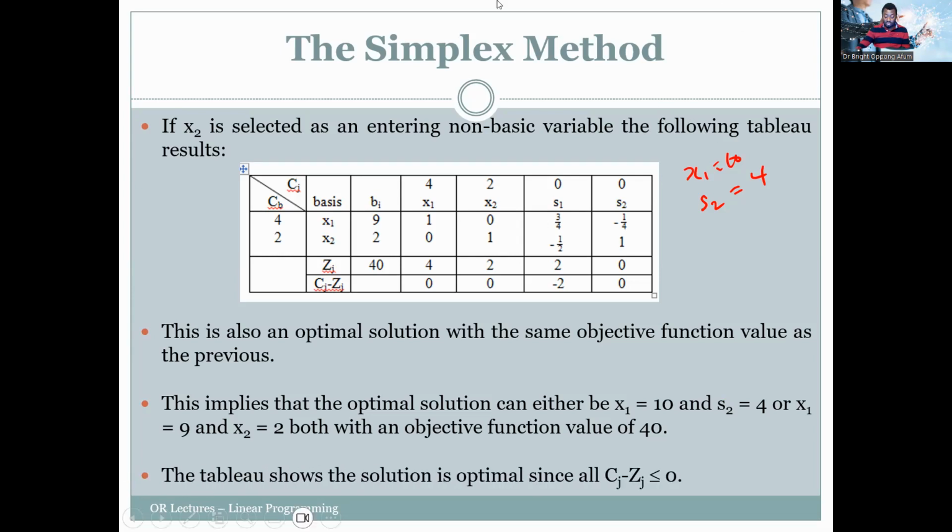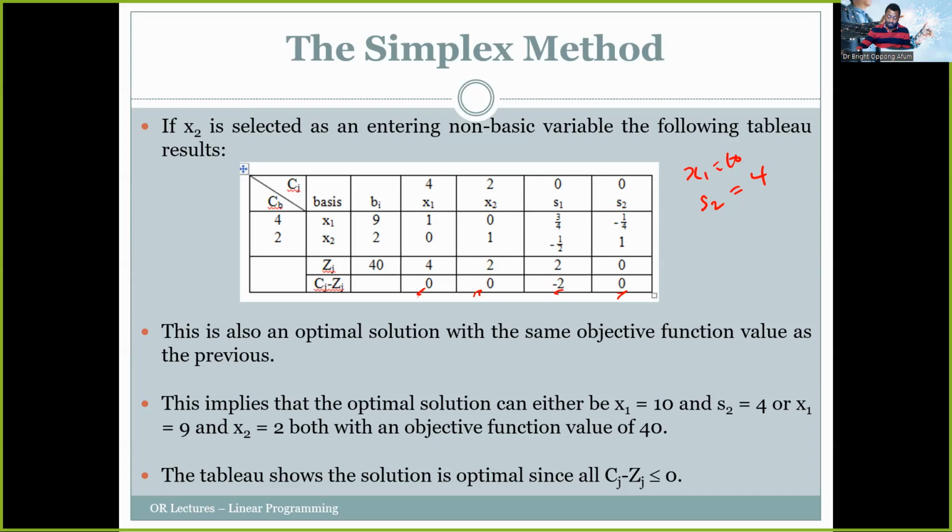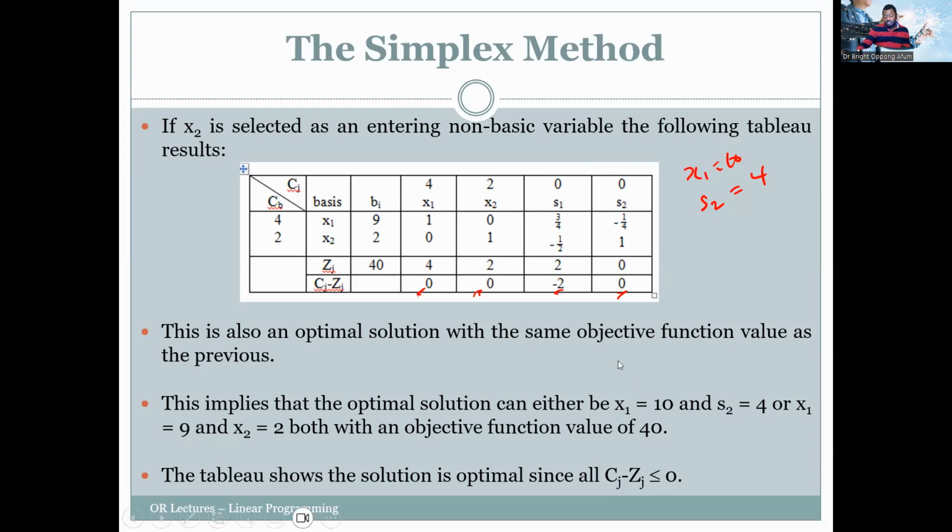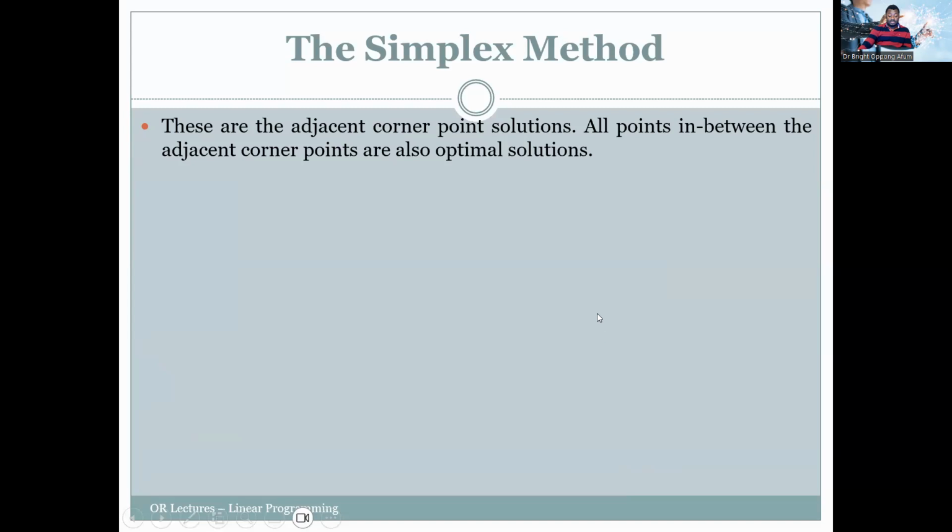The tableau shows that the solution is optimal because there is still no Cj minus Zj value with any positive value. If we use the graphical method to explain this, these are simply the adjacent corner point solutions, and when the solution falls on the line, all points in between the adjacent corner points are also optimal solutions.